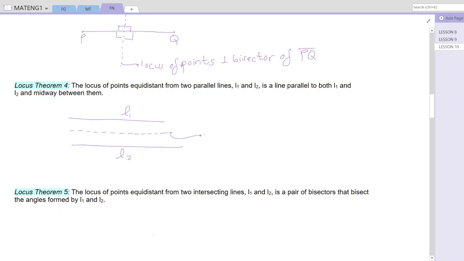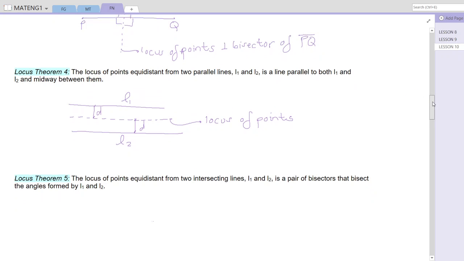So this one will be the locus of points, or the set of all points, at distance d, and the same with this one, at distance d. So the locus forms a line midway between the parallel lines. So that is locus theorem number 4.